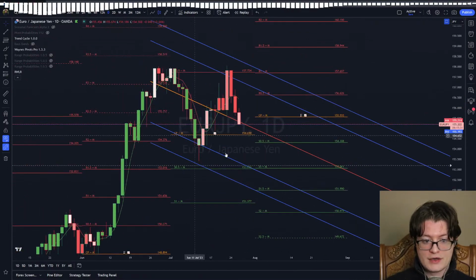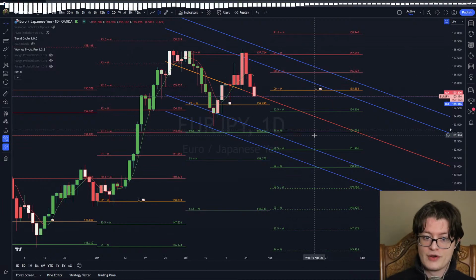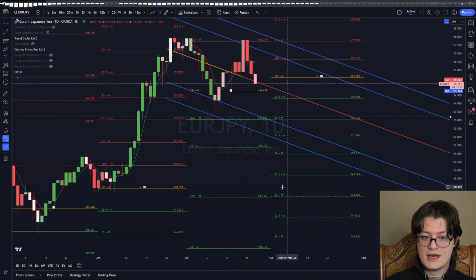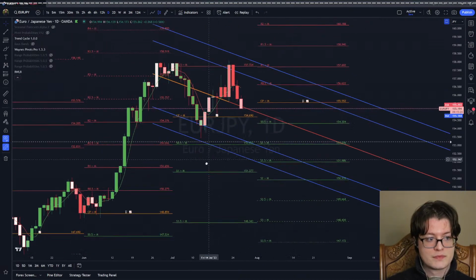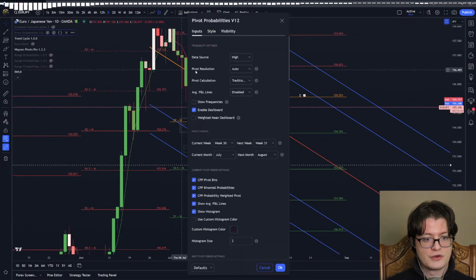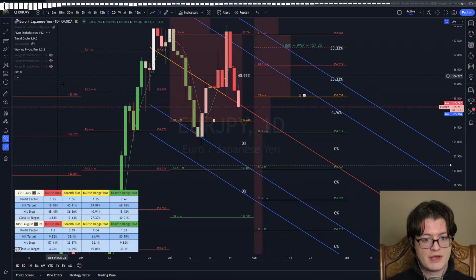So there's a lot of concern over the last 48 hours that I've read about the euro being an excellent short. So real quick, over the next month, let's go ahead and look at our low probabilities for pivot probabilities.